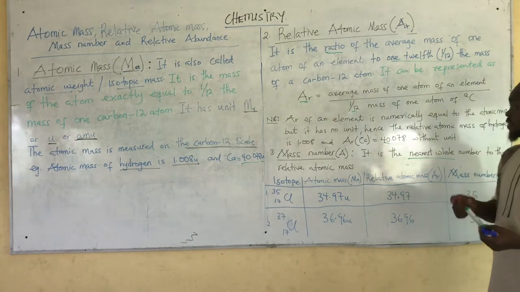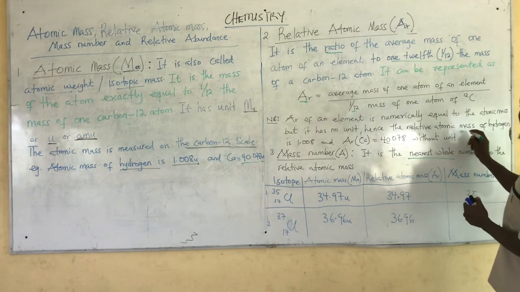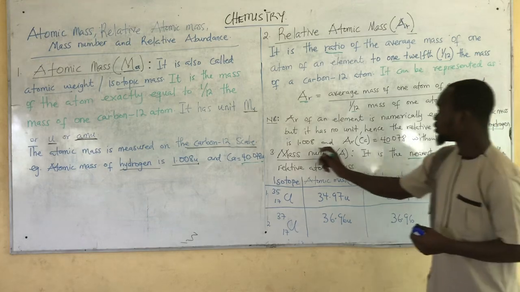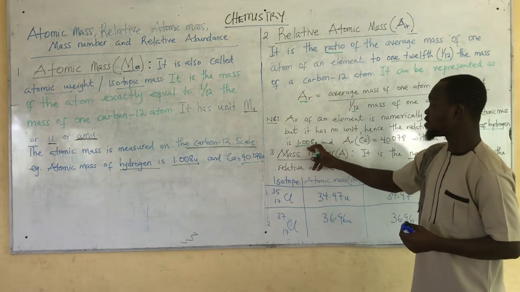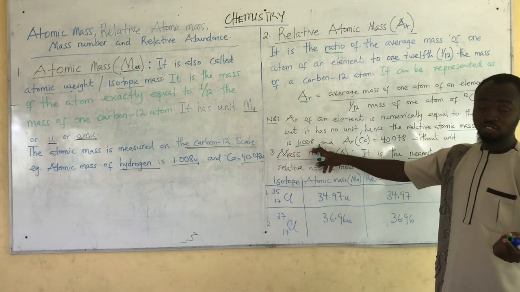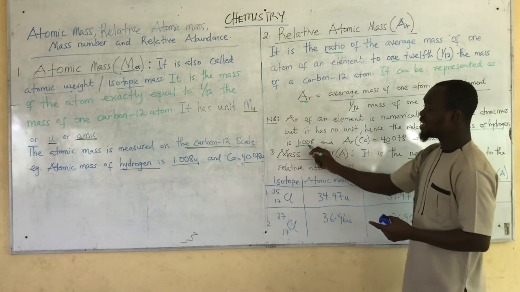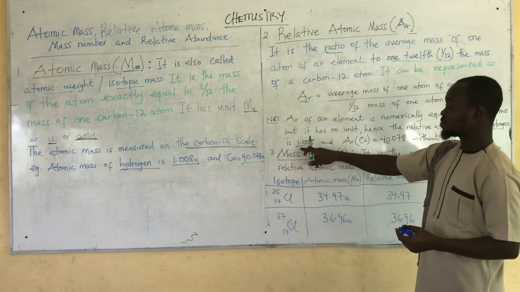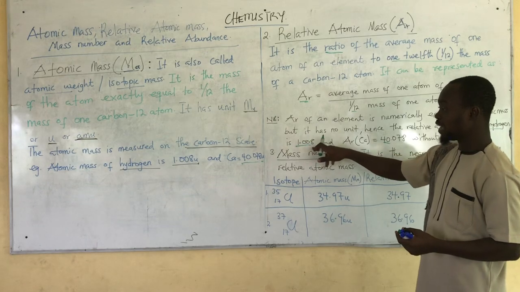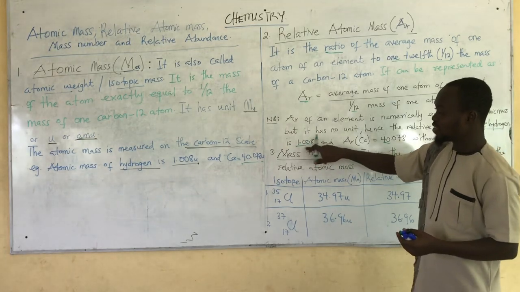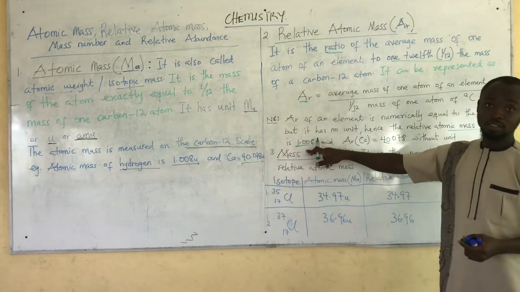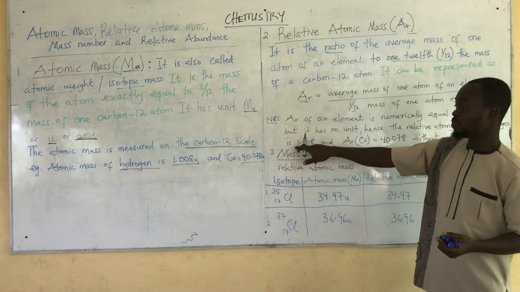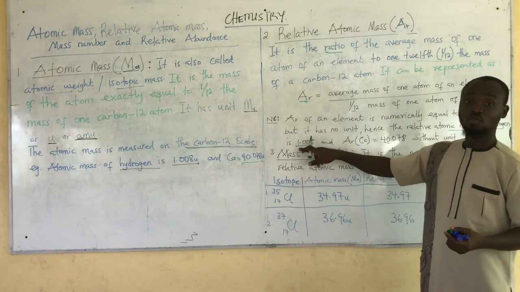So now let's look at something here. When we take the relative atomic mass of hydrogen, the value is 1.008 without any unit. Is that okay? So the nearest whole number of this is just 1. The mass number of hydrogen here is 1, because the nearest whole number of 1.008 is 1.